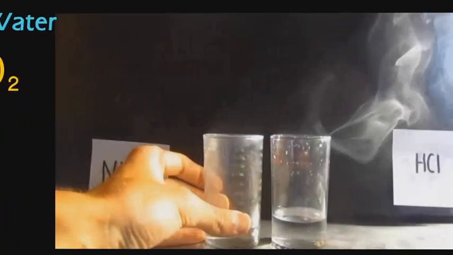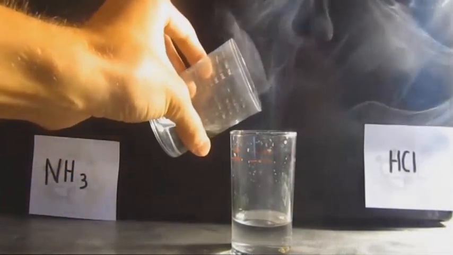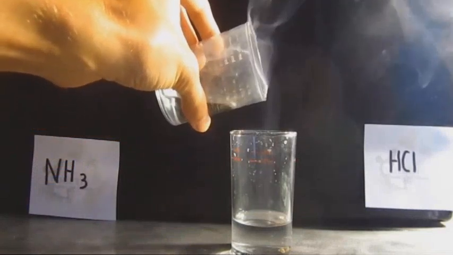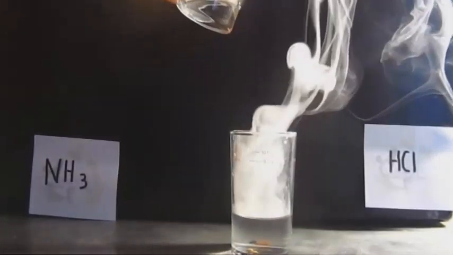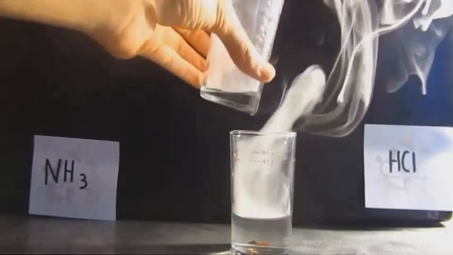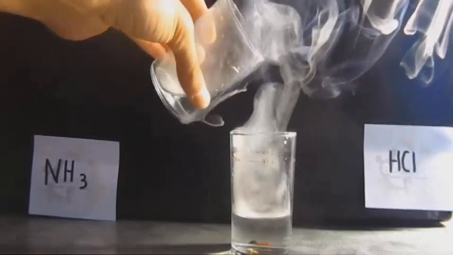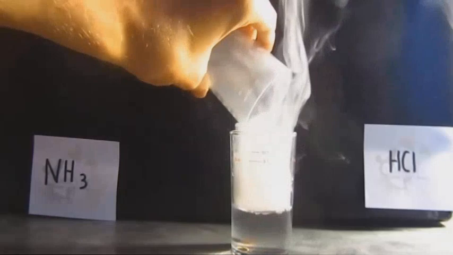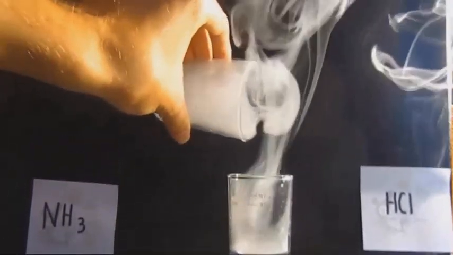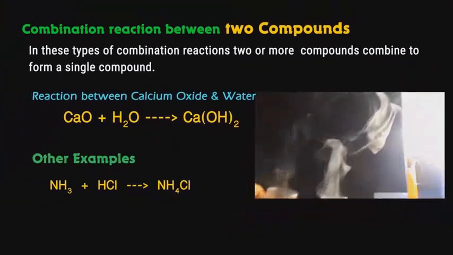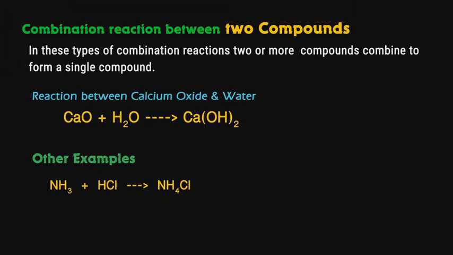Reaction between ammonia and hydrochloric acid. When ammonia reacts with hydrochloric acid, that produces ammonium chloride. Now, one more example for you.